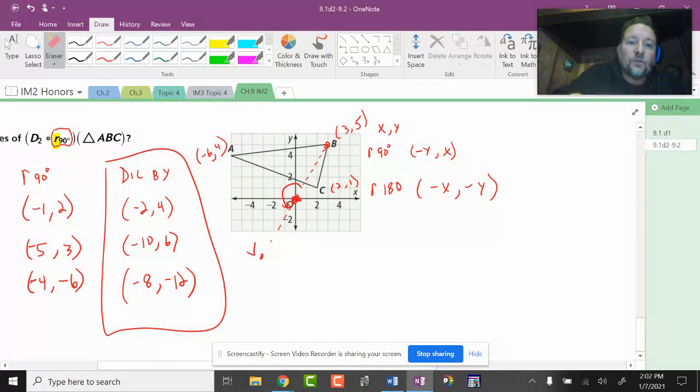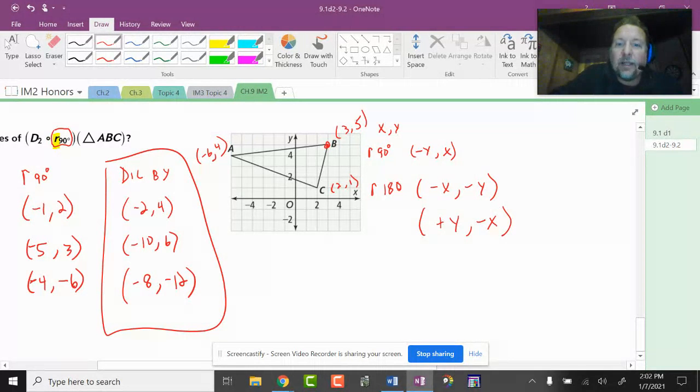And then to go to 270, do they ever ask you that? Well, obviously we're going to be in quadrant 4. I think (2, 1) is better to take. Let's take (2, 1) and rotate it to the opposite quadrant. So you'd have 2, nope, sorry, that's wrong. It's actually (y, -x).